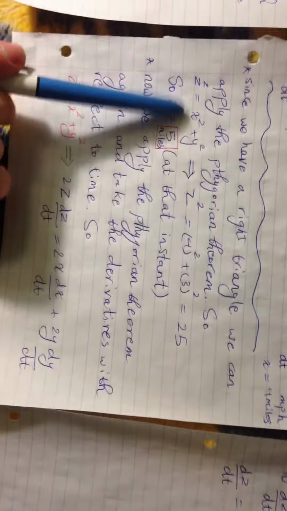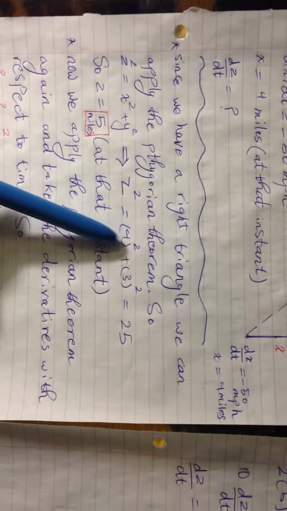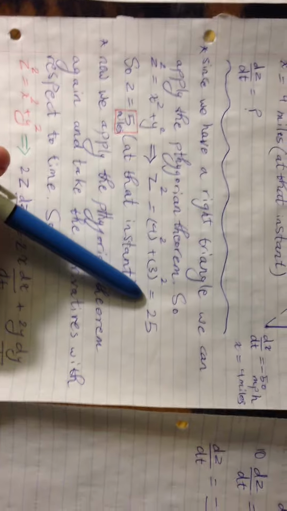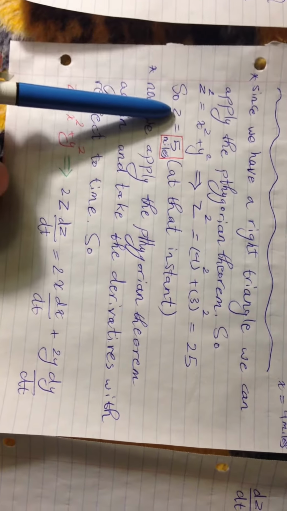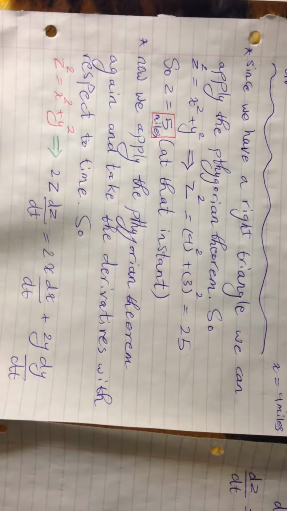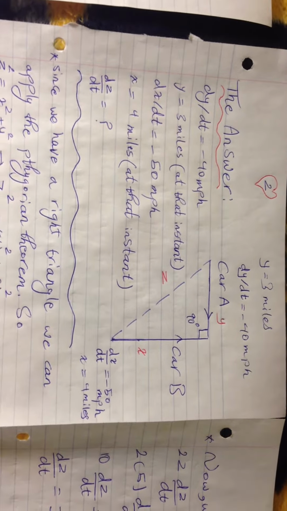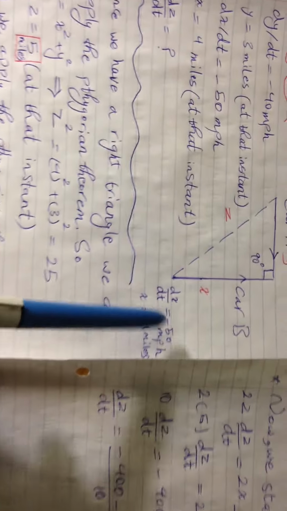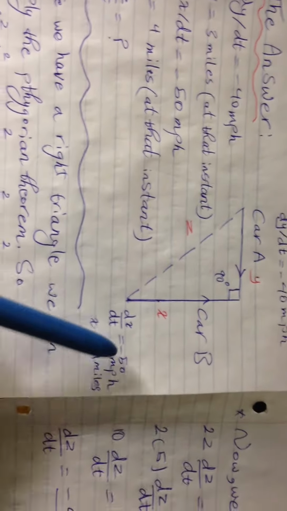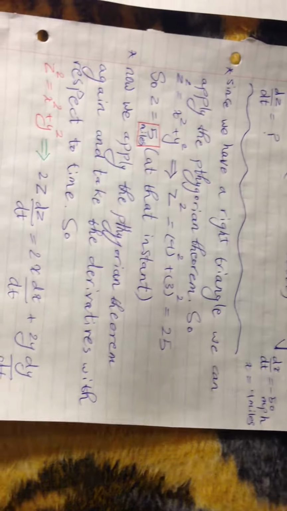So z squared equals x squared plus y squared, z squared equals 4 squared plus 3 squared equals 25. So z equals 5 miles. We cannot say it's equal to minus 5 because Z is a distance. But velocity is a vector, so we can say it's negative when it's decreasing and positive when it's increasing.